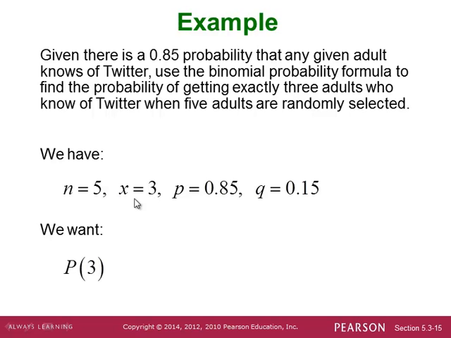That's what x is. And you need to know the probability of having a success for one trial, which is 0.85 in this case. So we'll say little p is 0.85. And that means the probability that someone doesn't know Twitter is 0.15. So that's what q is. And we want to calculate the probability of having 3 successes. That's what this notation is.